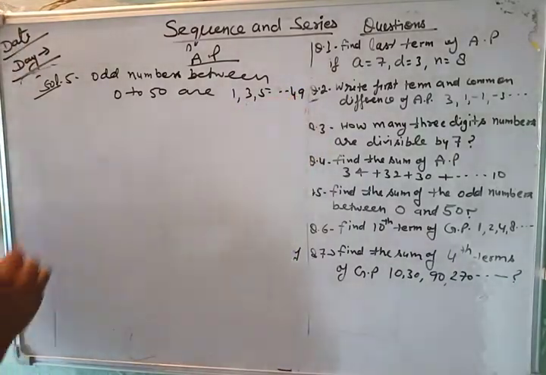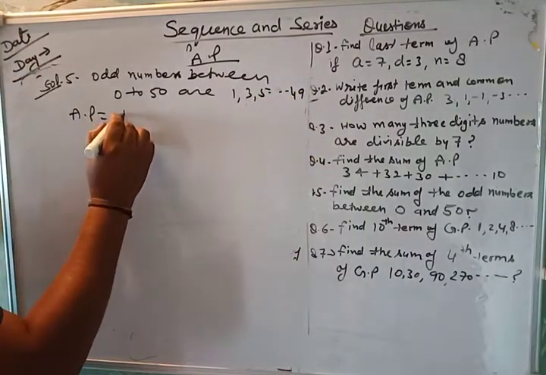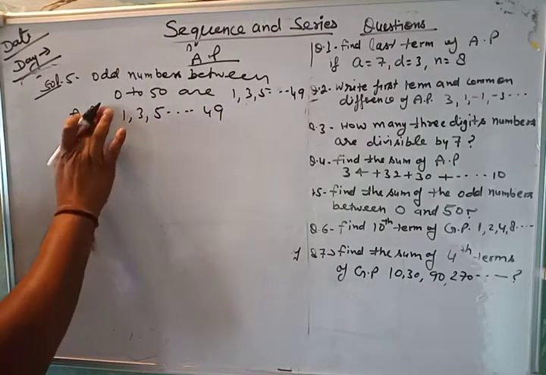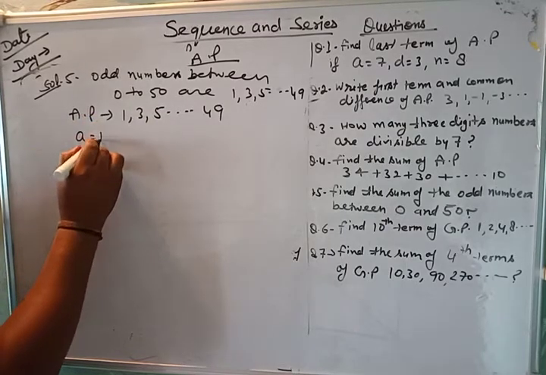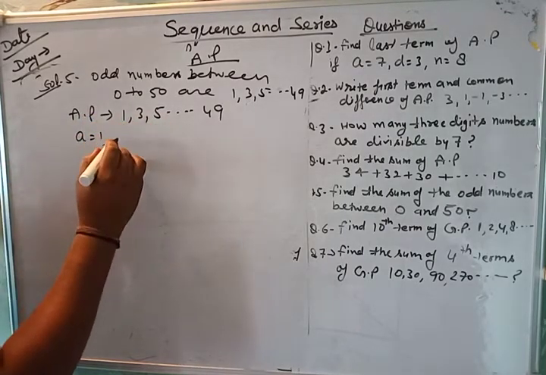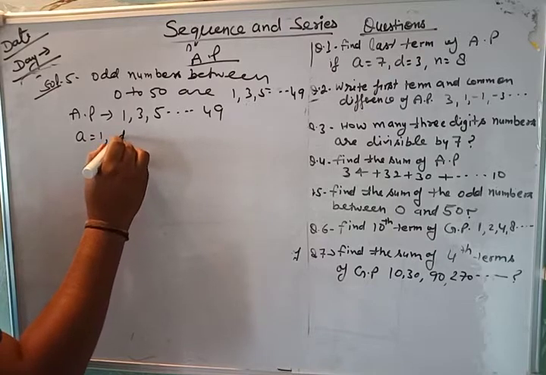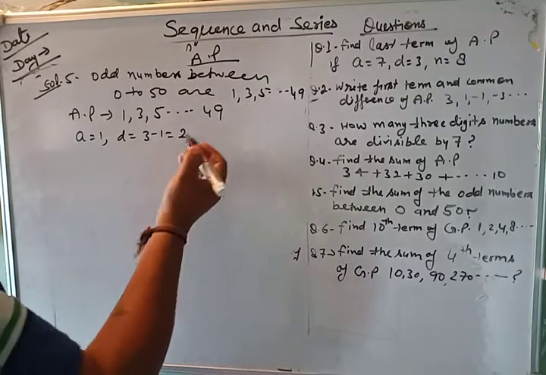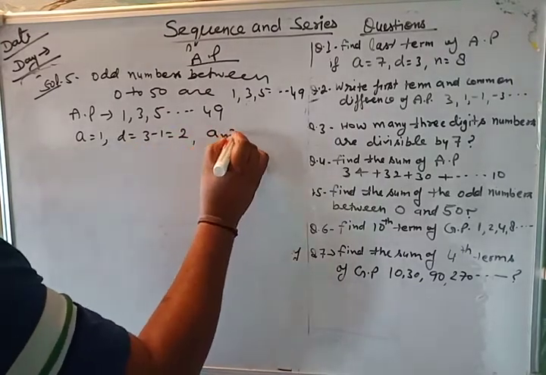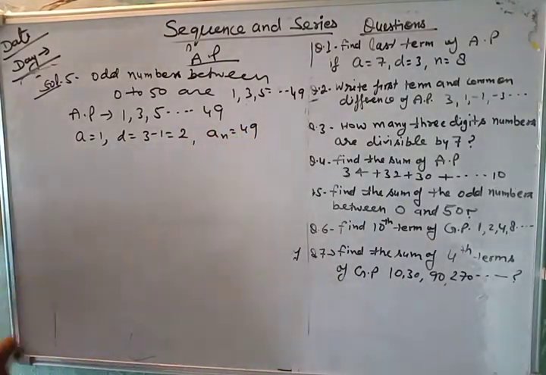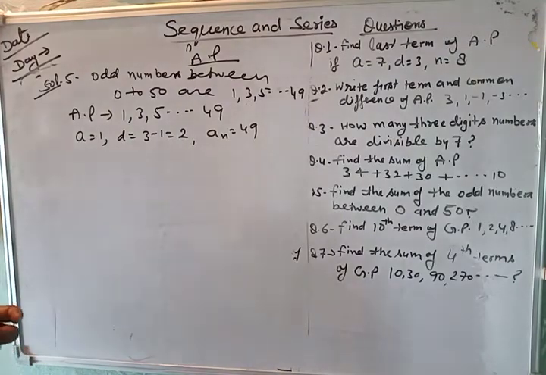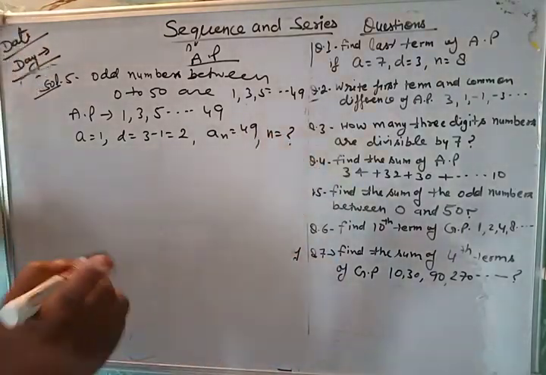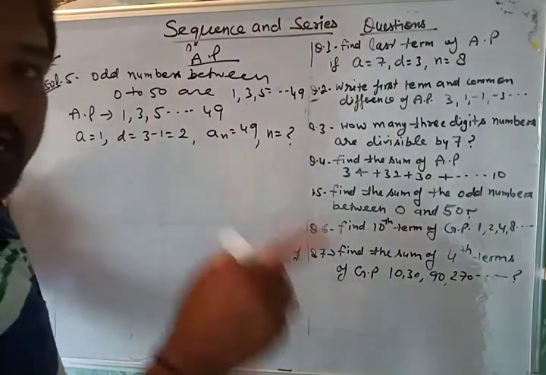So AP equal to 1, 3, 5, up to 49. So then a equal to 1. Second, d equal to 3 minus 1 equal to 2, and an equal to 49. But here we also do not know the number of terms. n is not given here. So firstly we will find out the n terms.